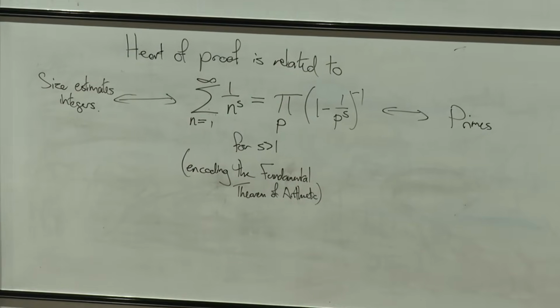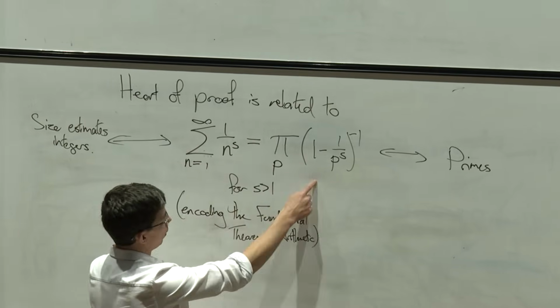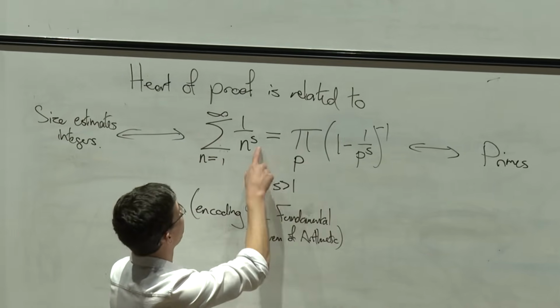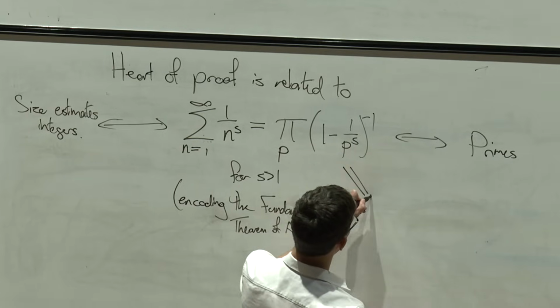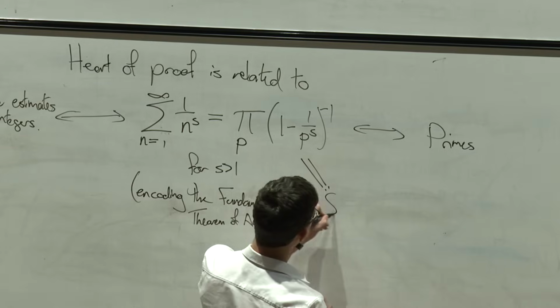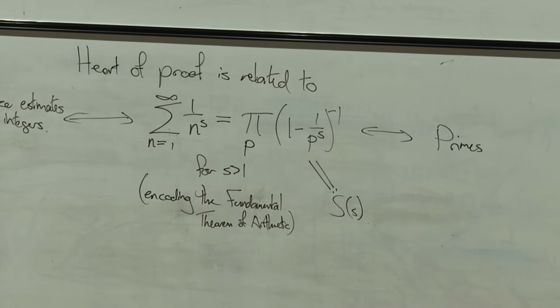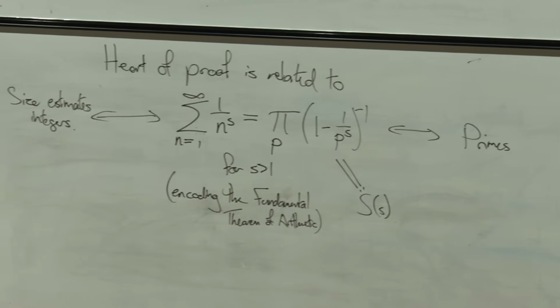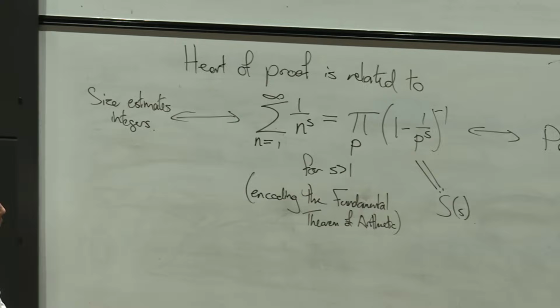But this left-hand side and right-hand side both depend on the number s, and in fact, as we'll see a bit later on, this is often called the Riemann zeta function, which can be viewed as a function of s.